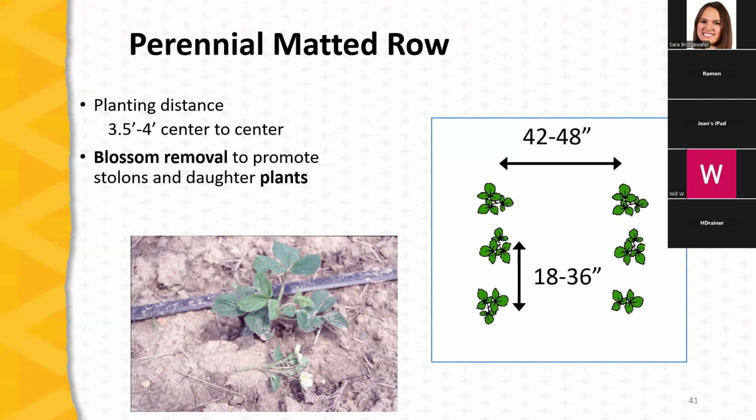It's not good to use plastic in this system because you're going to use those stolons, the daughter plants, to root them out. If you have plastic, you won't be able to root them back out. So this particular system is not good to use with plastic. But you can do a drip tape with them, at least at the initial planting.